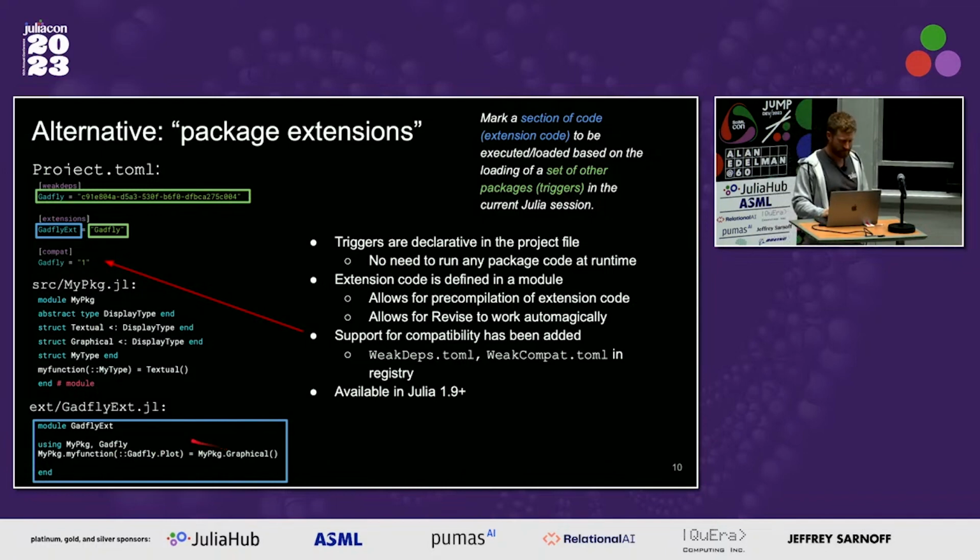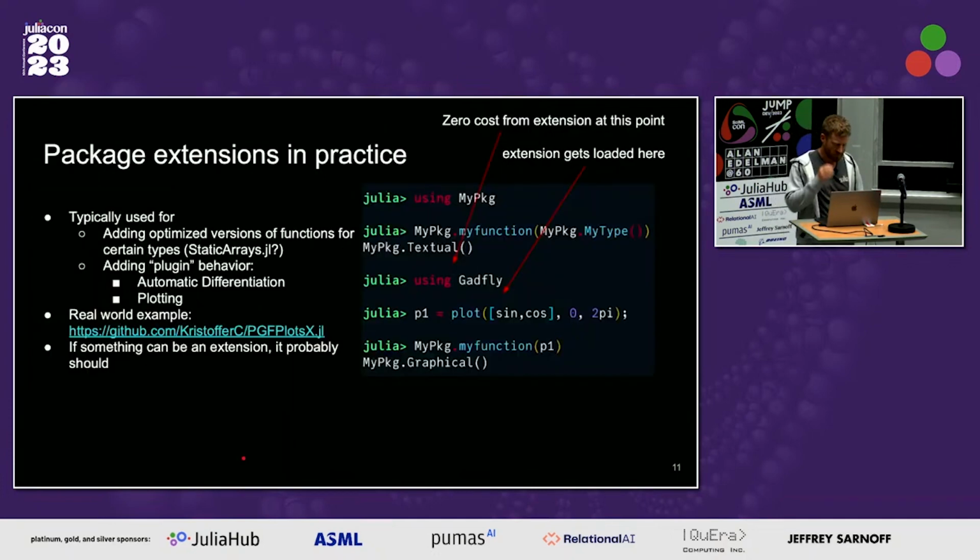Since this is a separate module here, the extension code, it allows it to be precompiled just like if it was another package. So you can precompile it, and Revise also just works with it. If you would change this and have Revise loaded, it would change straight away. So in practice, how this is used: let's say I load my package here, then I can call this function on my type, and I give the textual here.